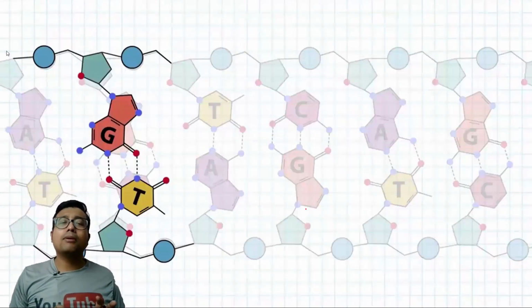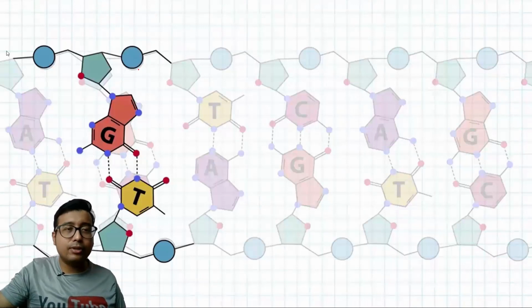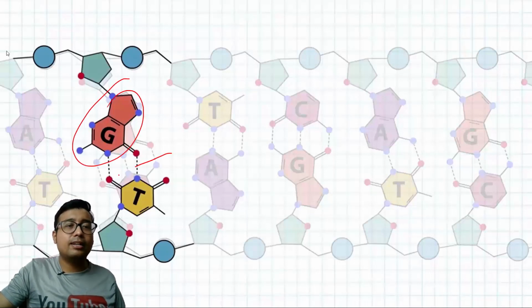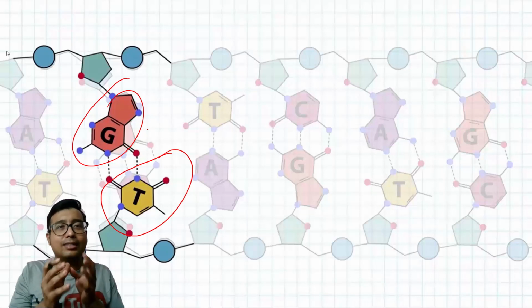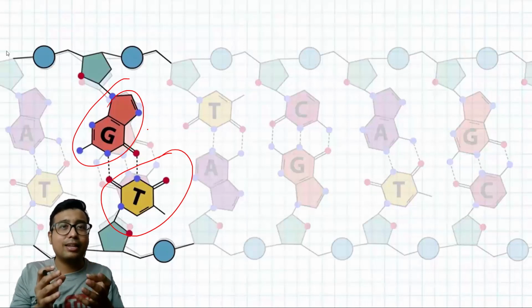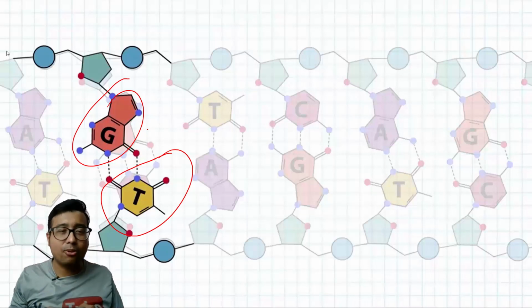Now what about other pairings? If we try to pair G with T, their molecular configuration and the polar parts that actually take part in hydrogen bonds, the hydrophilic and hydrophobic parts facing each other, are not at all energetically favorable.